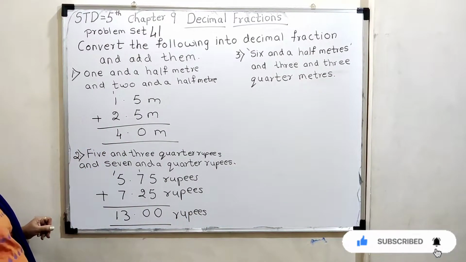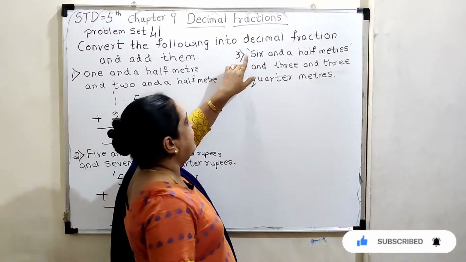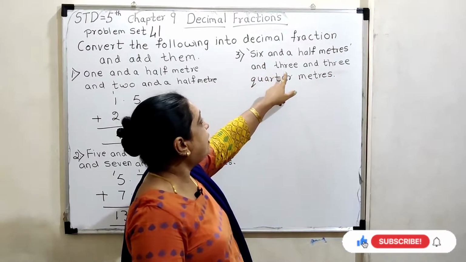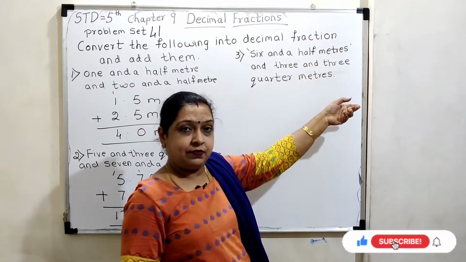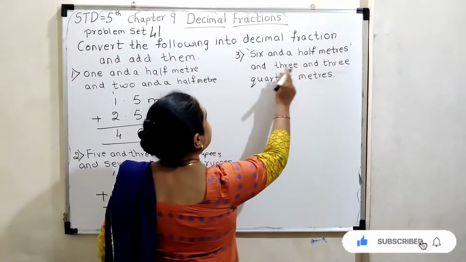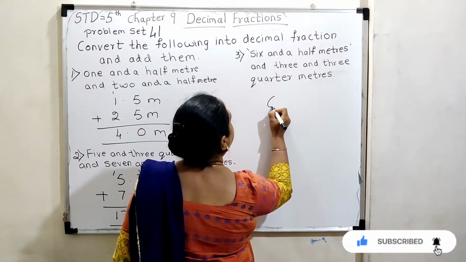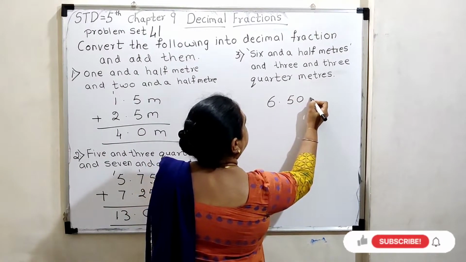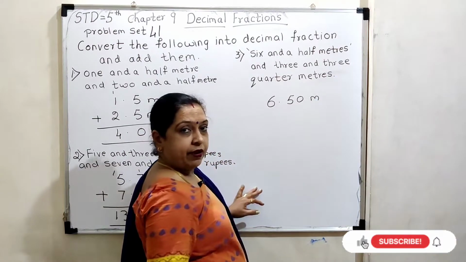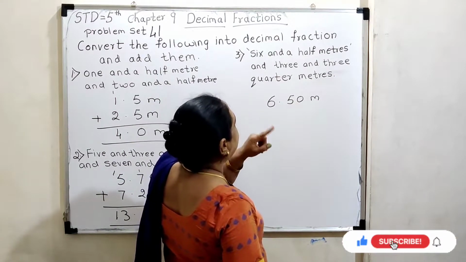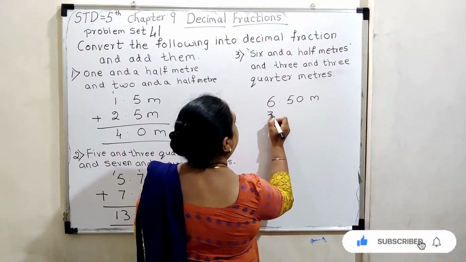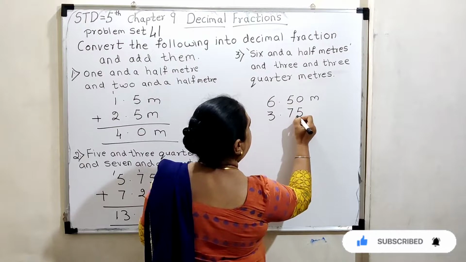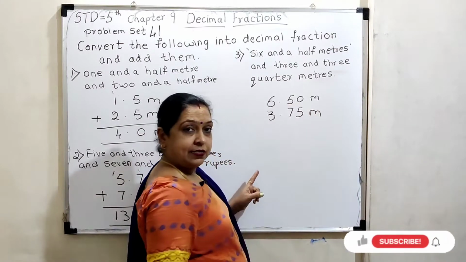Easy? Now, sum number 3. 6.5 meter and 3.75 meter. So, 6.5. Half means what? 50. And 3.75. 3.75 means how much? 75. Understood?